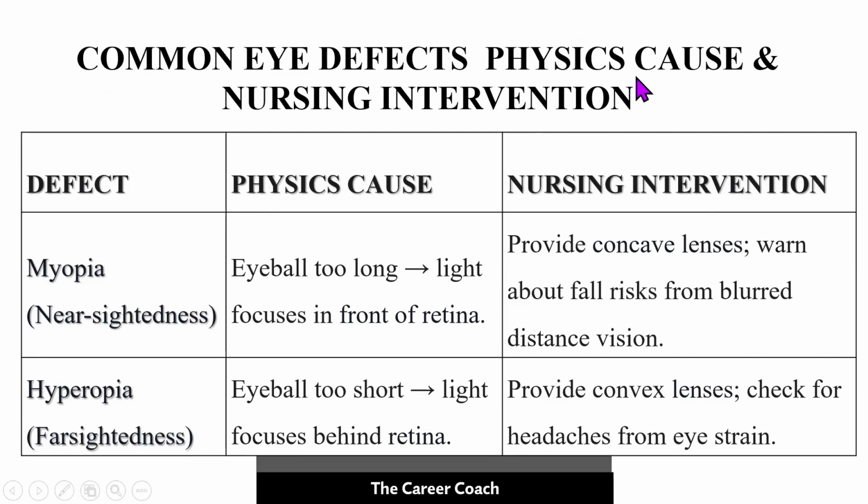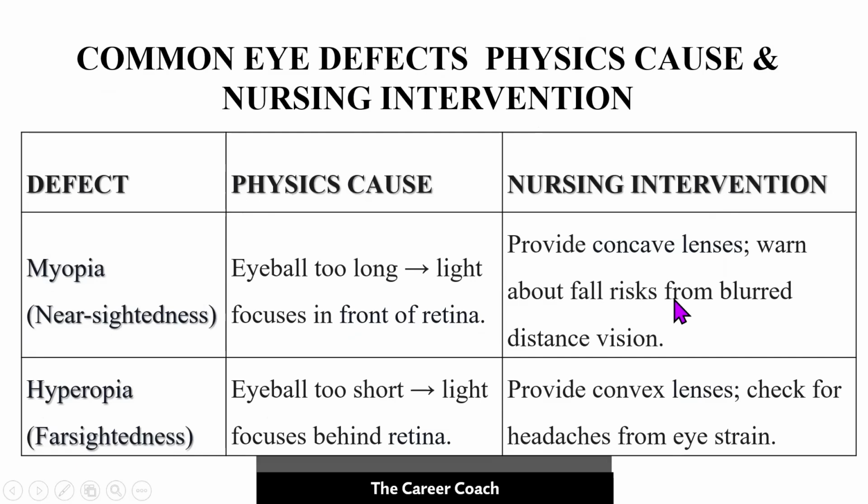Common eye defects. As a summary, we'll be looking at eye defects, physical causes, and nursing interventions. Myopia, which is nearsightedness: the eyeball is too long, leading to light focusing in front of the retina. Nursing intervention: provide concave lenses.